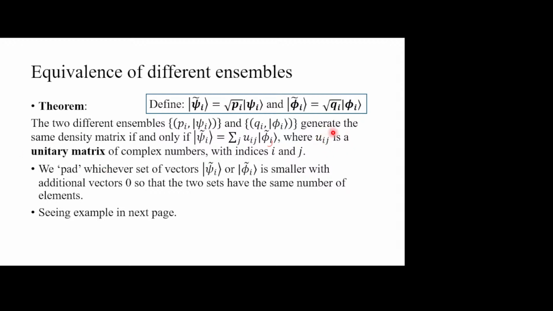Assume you have some big unitary matrix U, and its row i, column j component is U_ij. If psi tilde and phi tilde can be related by this unitary matrix, then if and only if, those two ensembles give you the same density matrix.